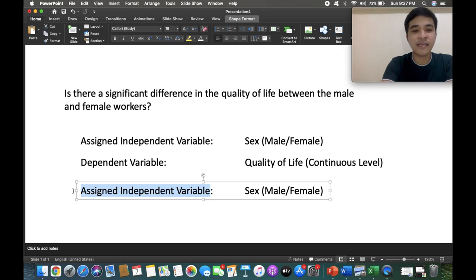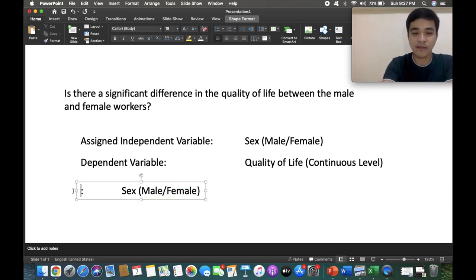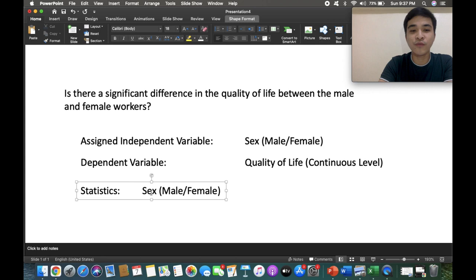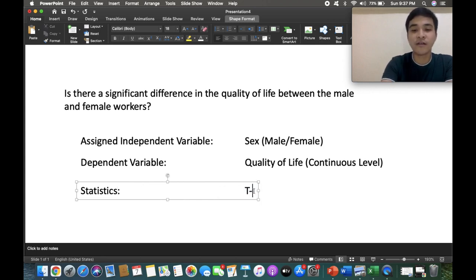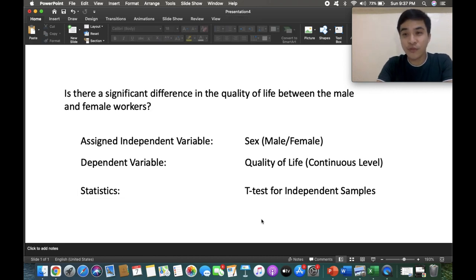if your answer is t-test for independent samples, then you are right. So the appropriate test statistic that we are going to use in our paper to answer the research question will be t-test for independent samples.